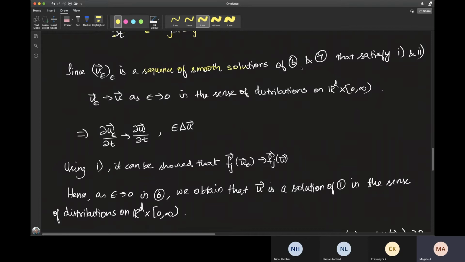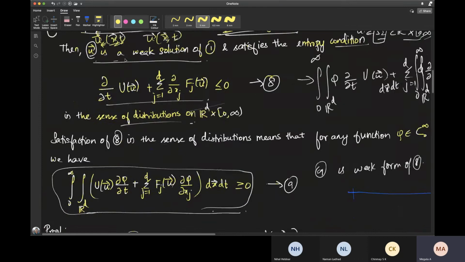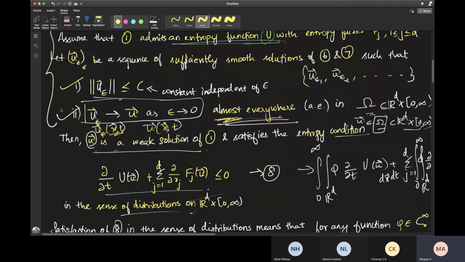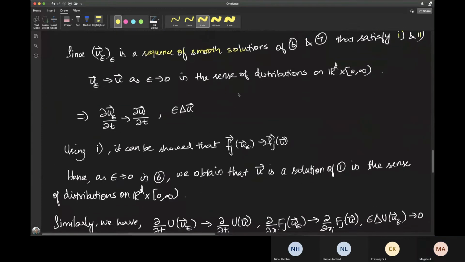We started with that assumption, and those satisfy 1 and 2. We considered two assumptions, this and this. Because of those two assumptions, we have this. That is, u vector epsilon approaches u vector as epsilon approaches 0 in the sense of distribution.